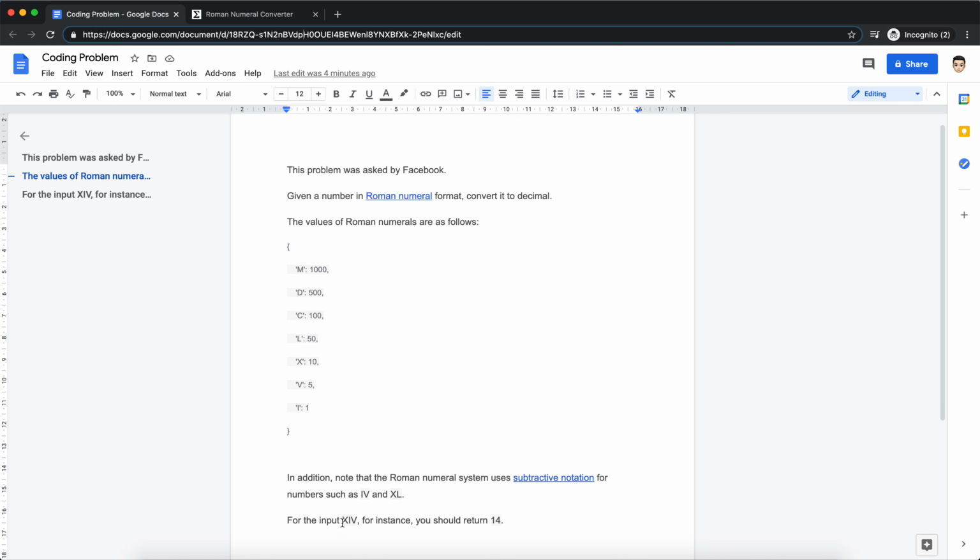Okay, so before that I just check that if it's a string of length 1, that means there is only one digit, and I just match one of these values. But if it's more than 1, what I can do is I can have one pointer at the second position and one pointer at the first position.